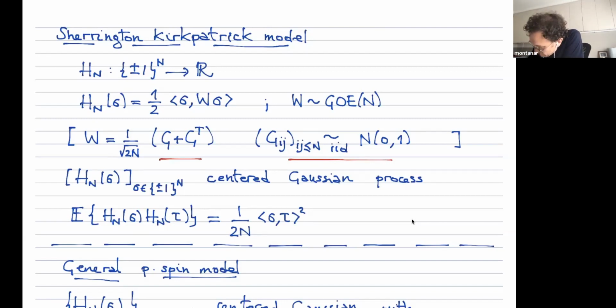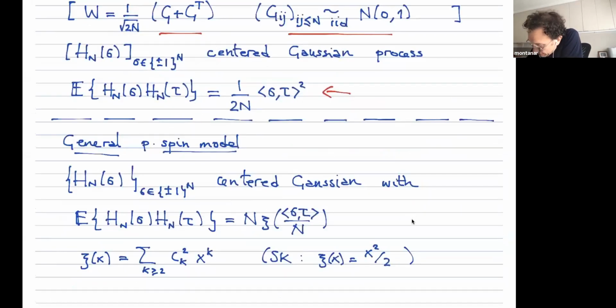One more abstract way, but sometimes more convenient to think about this, is that the values H of sigma, indexed by the hypercube, form a centered Gaussian process with this covariance structure. The important thing is that it depends only on the scalar product sigma dot tau.